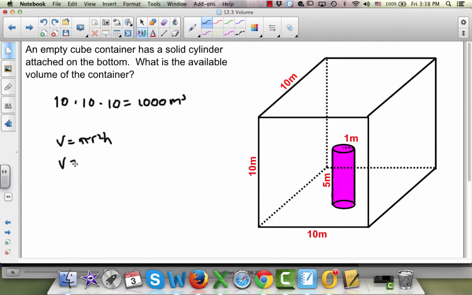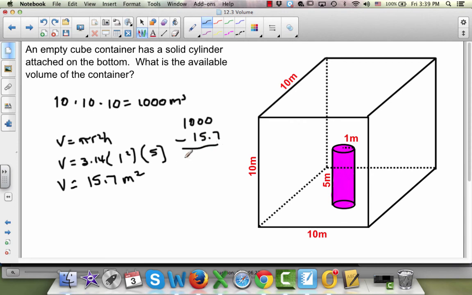So that will be volume equals 3.14 times 1 squared times 5. And that gives us volume equals 15.7 meters cubed. So that means we go 1,000 minus 15.7 gives us 984.3 meters cubed. Not so bad, is it?